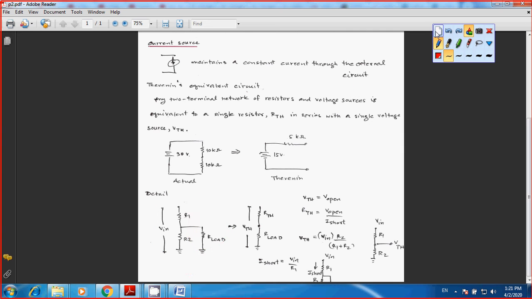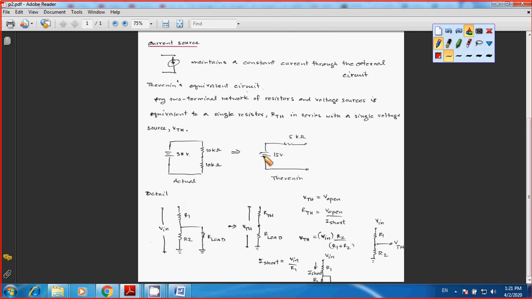Now let's analyze the circuit. As I mentioned before, to make the circuit simpler, we want only one supply voltage and one resistor in the supply voltage circuit.